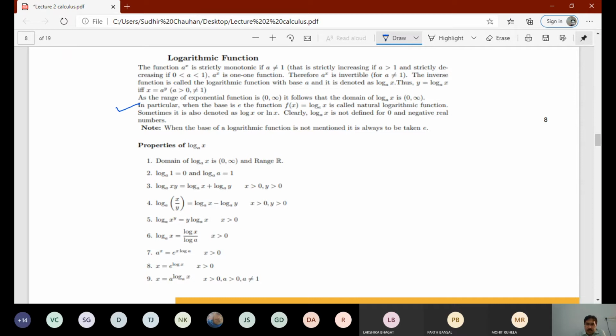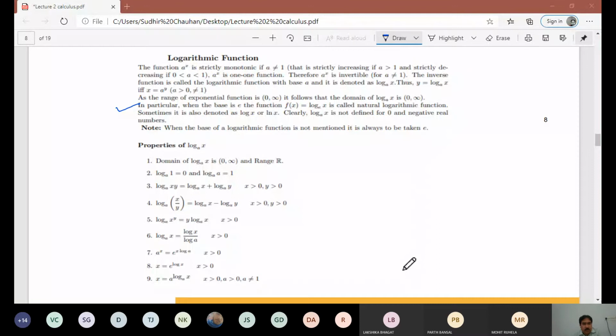So clearly log x base a is not defined for 0 and negative real numbers. Now when the base of a logarithmic function is not mentioned, it is always to be taken as e.